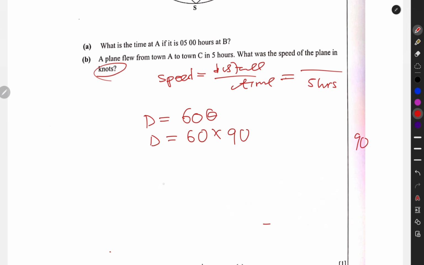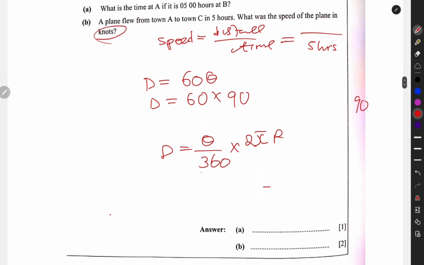How did I find 60 theta? Look at this. Distance is equal to theta over 360 multiplied by 2 pi r. If we put in the numbers here, distance is equal to theta over 360 multiplied by 2, then 3.142, then of course radius 3437.